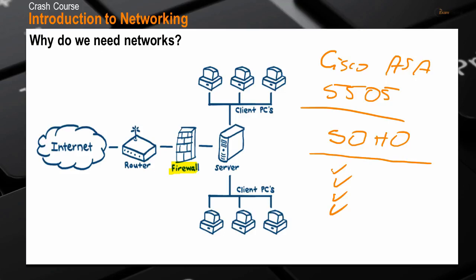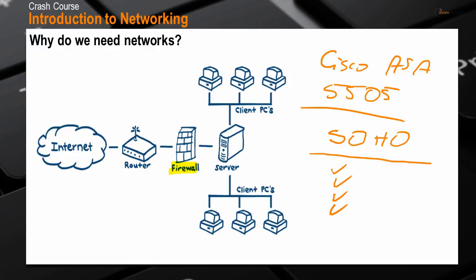You can create a lot of interesting policies on a firewall. You can decide Mike is not allowed to browse the internet. This printer should not be available for HR departments and so on. A lot of things that you can enable on a small box like a firewall. That's what I said.